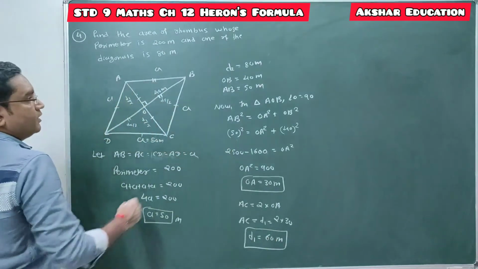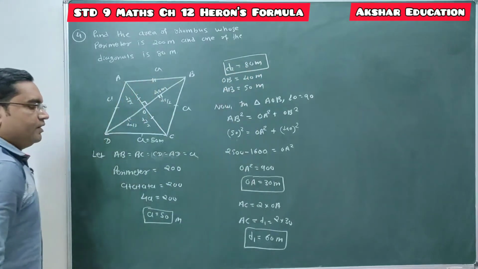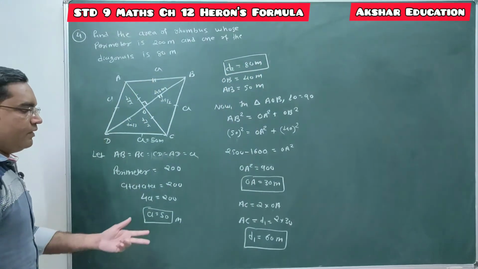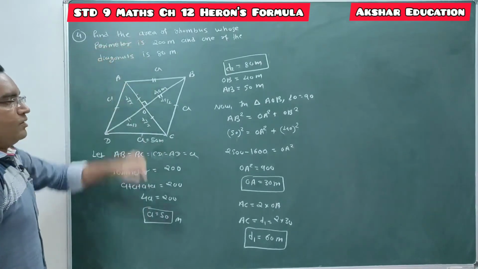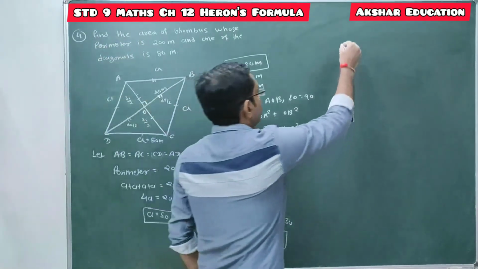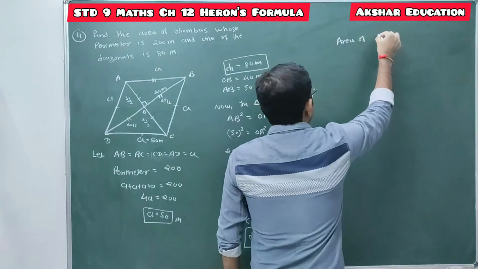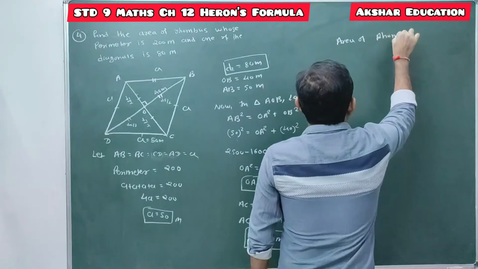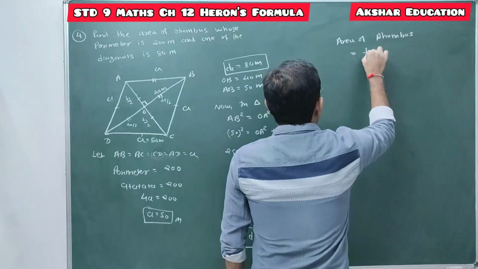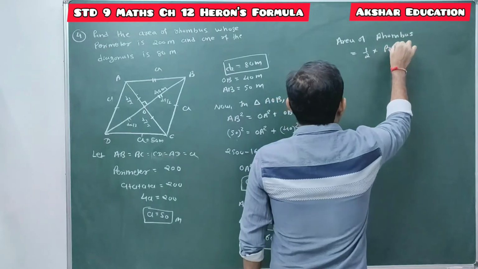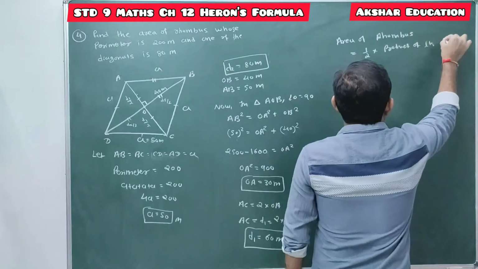Length of one diagonal D2 is 80 meter and the length of another diagonal D1 is 60 meter. Why we have to find this length D1 and D2? Because we have to find the area of rhombus. What is the area of rhombus? So the formula to find the area of rhombus is nothing but 1 by 2 into product of its diagonals.